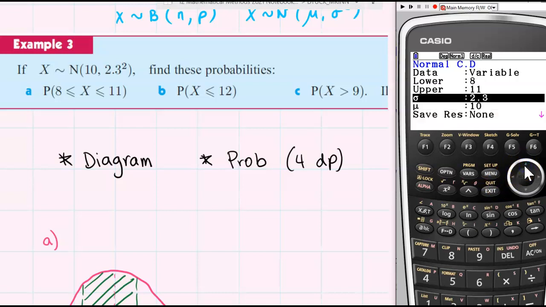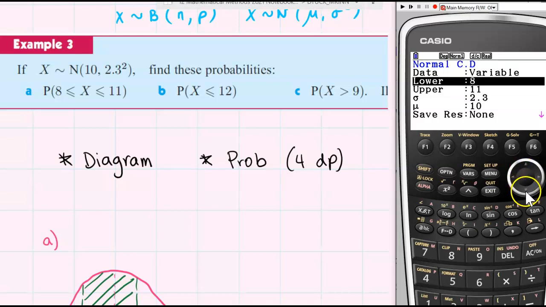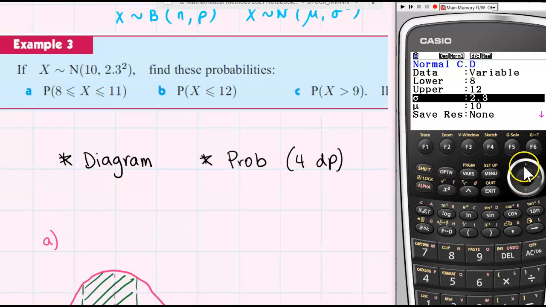This one, your mean and standard deviation stay the same, so we'll leave that. But we need to change our lower and our upper values. What's the easy one out of those two to change? Upper is 12. Lower, now think about what happens with that bell curve.